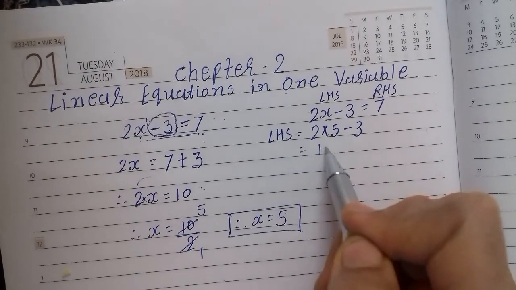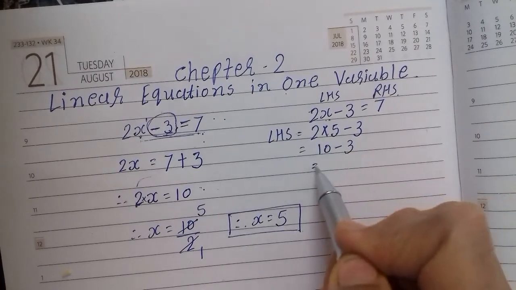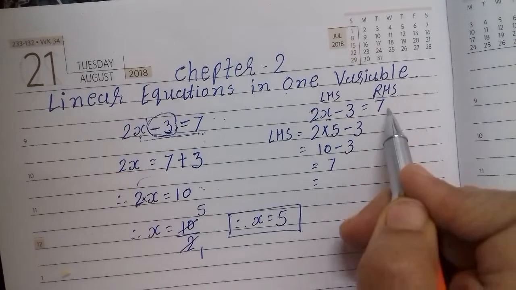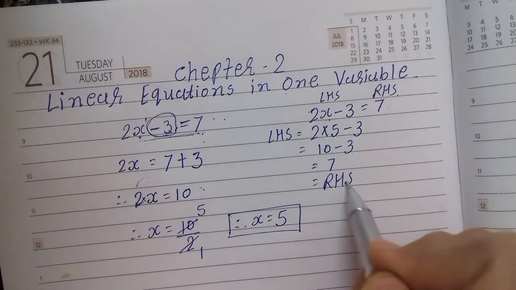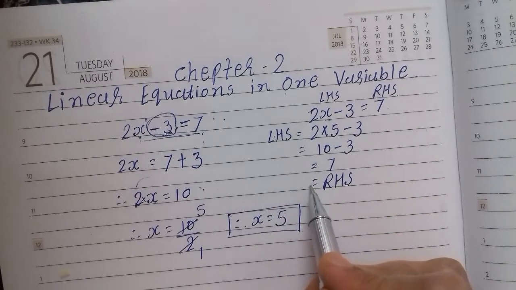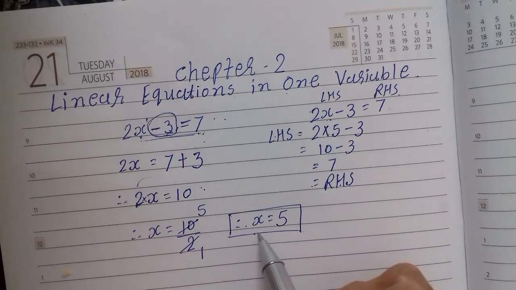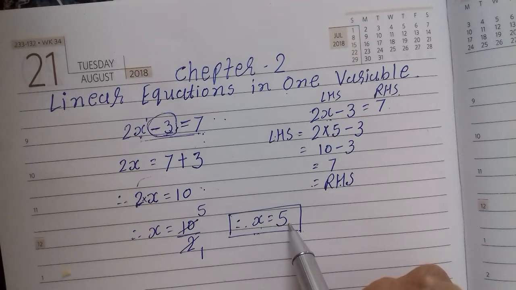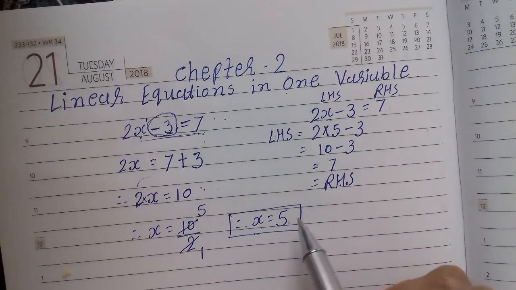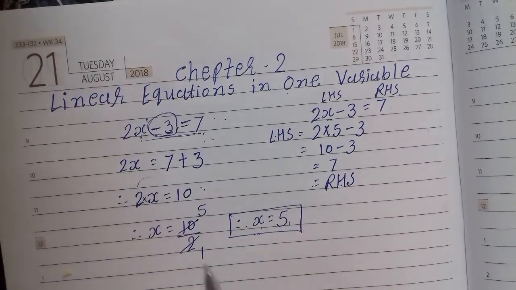So 2 fives are 10, minus 3 is equal to 7, and 7 is your RHS. So here LHS is equal to RHS, for which value of this variable? For only x equal to 5, this happens to be true.